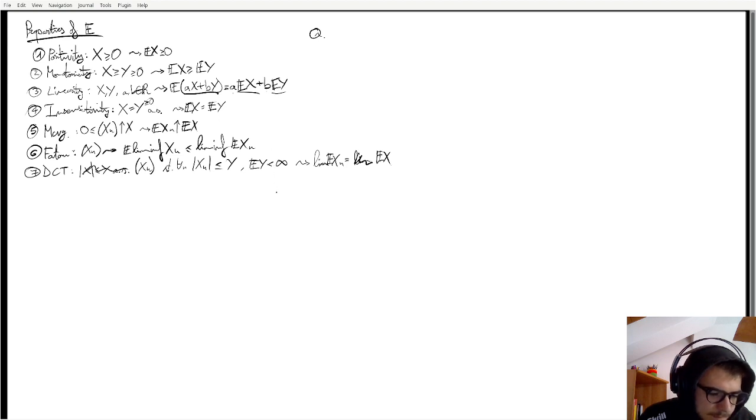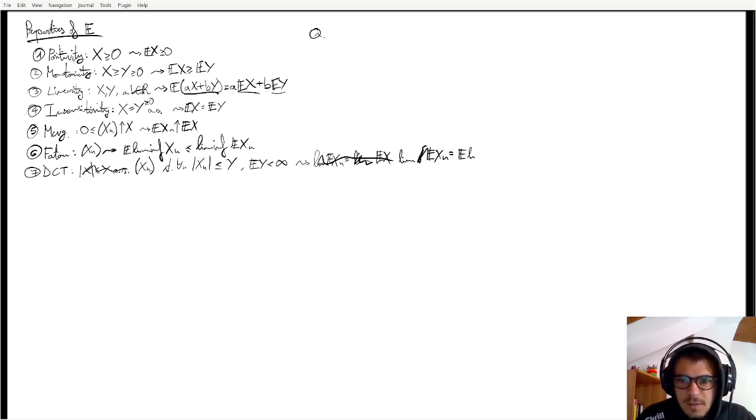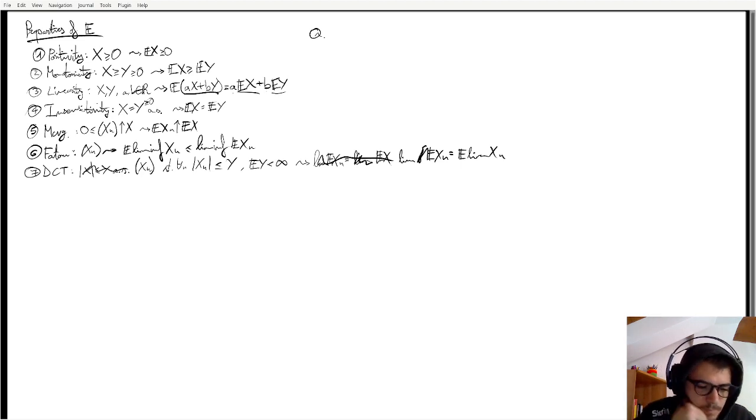Nope. Here it says that the limit of the expectation of xn is equal to the expectation of the limit. Well, actually the other way around, but it's the same.